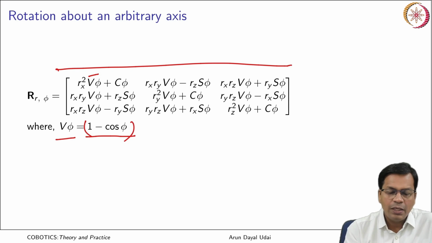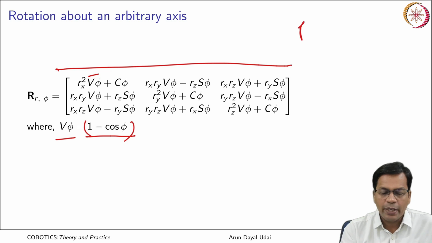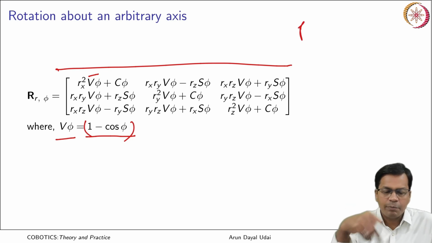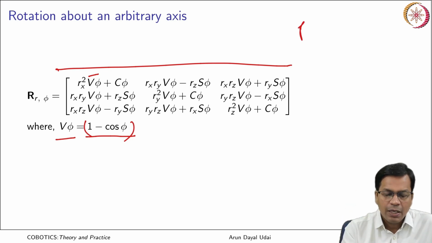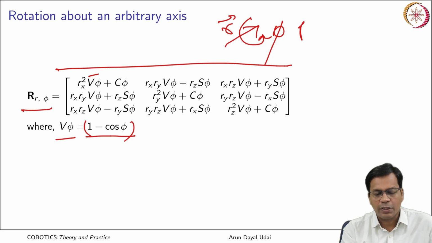This is a combined rotation matrix which can directly be multiplied to the initial point so as to rotate about an arbitrary axis given by Rx, Ry, Rz, that is the R vector, by an angle phi. So P can now be transformed using this rotation matrix.